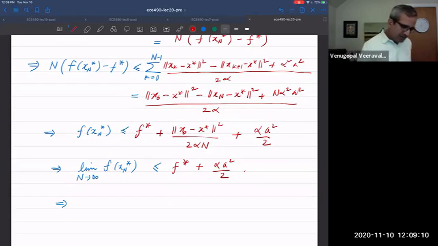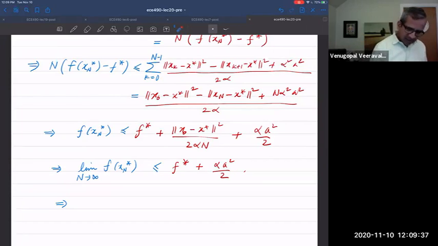Of course, the way you would choose n large enough will be based on some estimate of the diameter of your space, how big your space can be. And then you make your alpha, your step size, small enough so that your best value, best xn star, can be made as close to the minimum as desired.